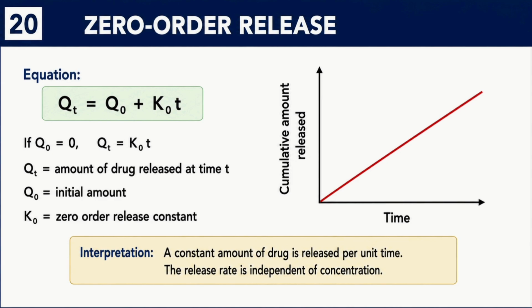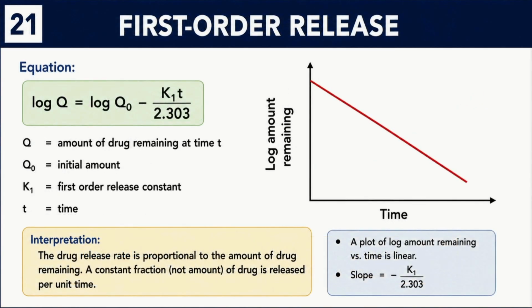Zero order release is highly desirable because it can theoretically maintain a relatively constant input of drug into the body. However, achieving perfect zero order release in an oral dosage form is technically difficult. Next is first order release.